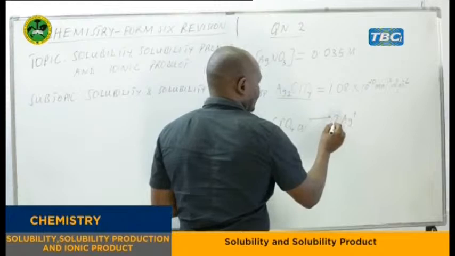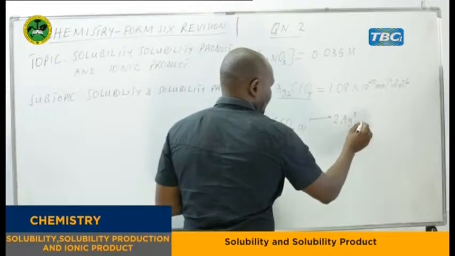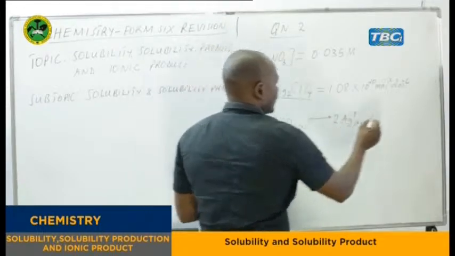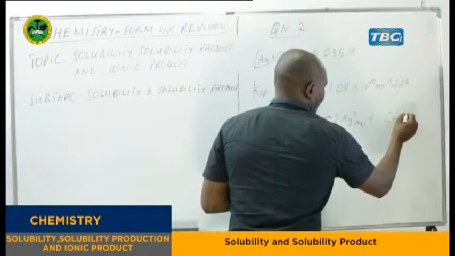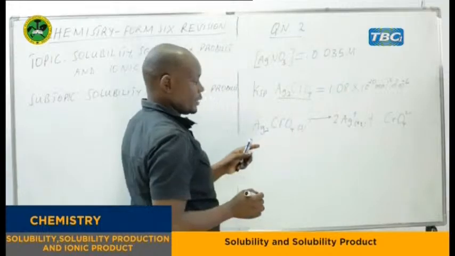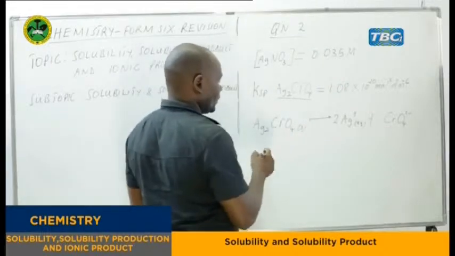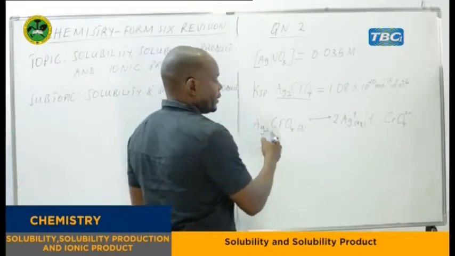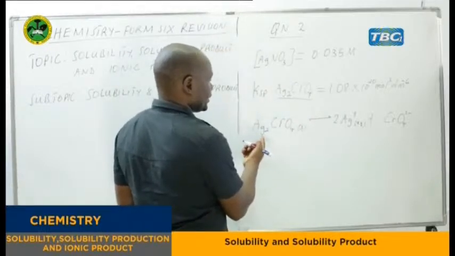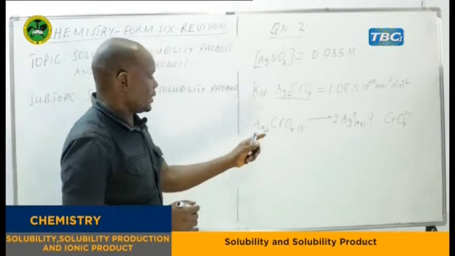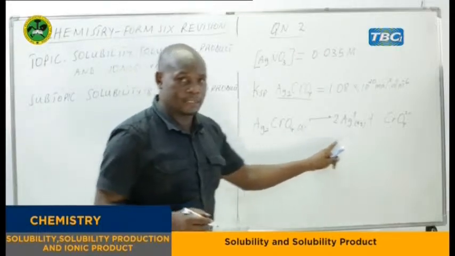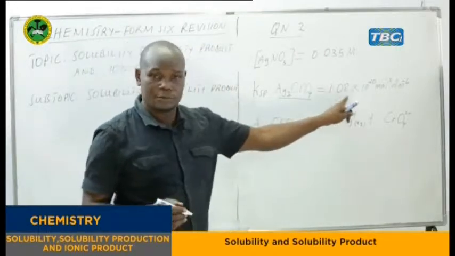To balance, there must be 2 aqueous silver ions, plus chromate, which has a charge of negative 2. Now it is balanced. Here we have 2 and there we have 2. So the Ksp of this reaction equation is this one.